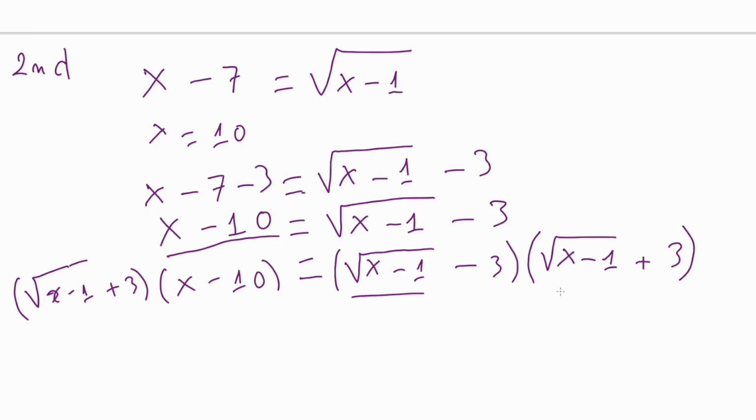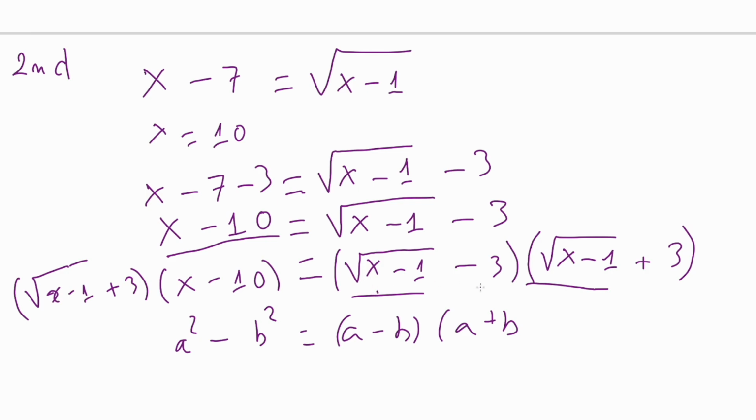So on the right side, we can remember something like a squared minus b squared equals (a minus b)(a plus b). We can apply this.